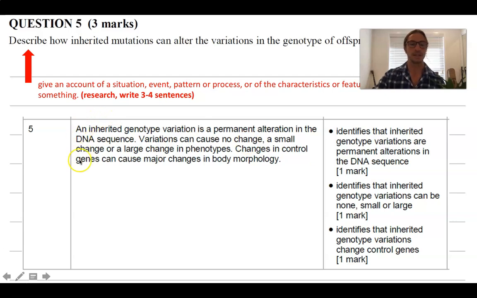Okay, here's the sample. An inherited genotype variation is a permanent alteration in the DNA sequence. Variations can cause no change, a small change, or a large change in phenotypes, and changes in control genes can cause major changes in body morphology. So control genes, we're thinking back to gene expression and gene regulation. That's the HOX gene, right? From last week, that results in or determines the morphology of the body.